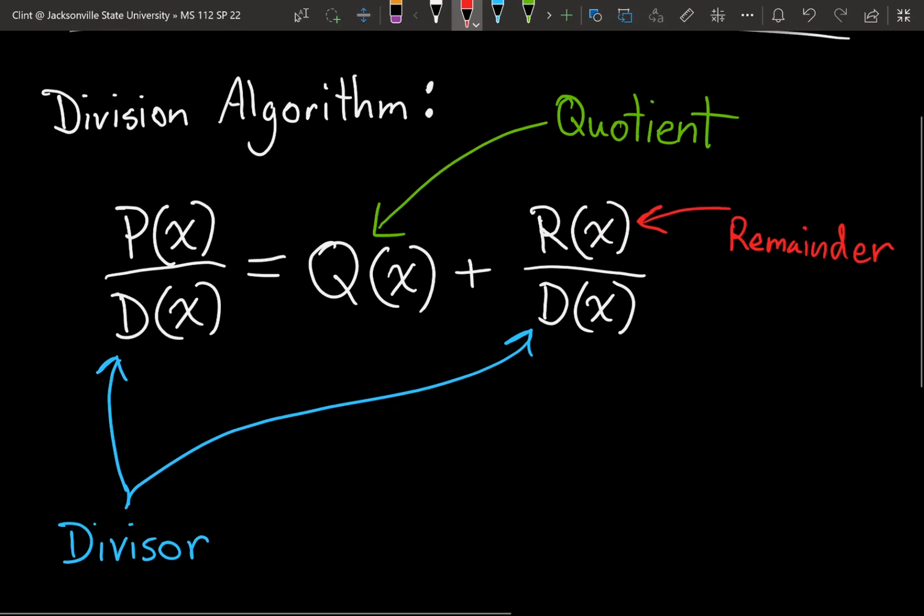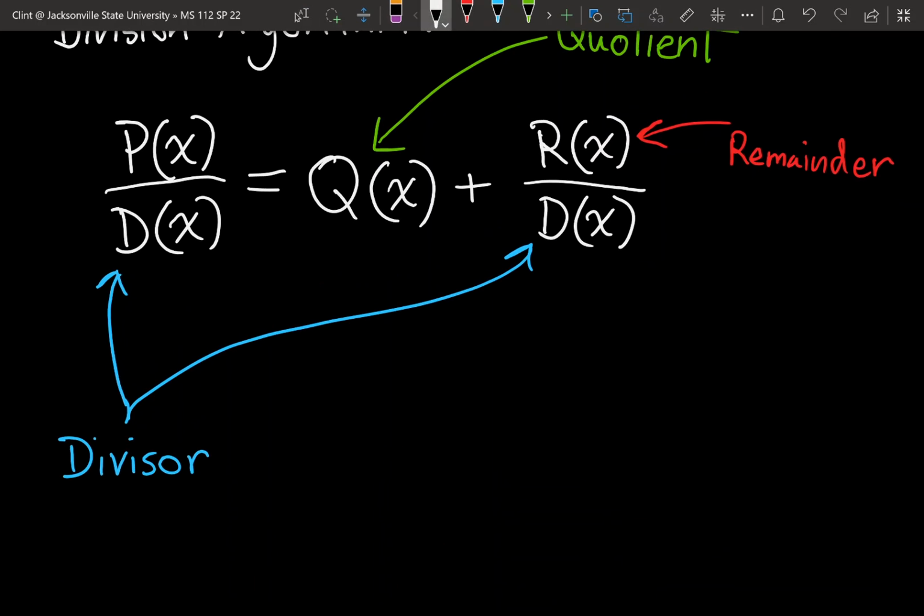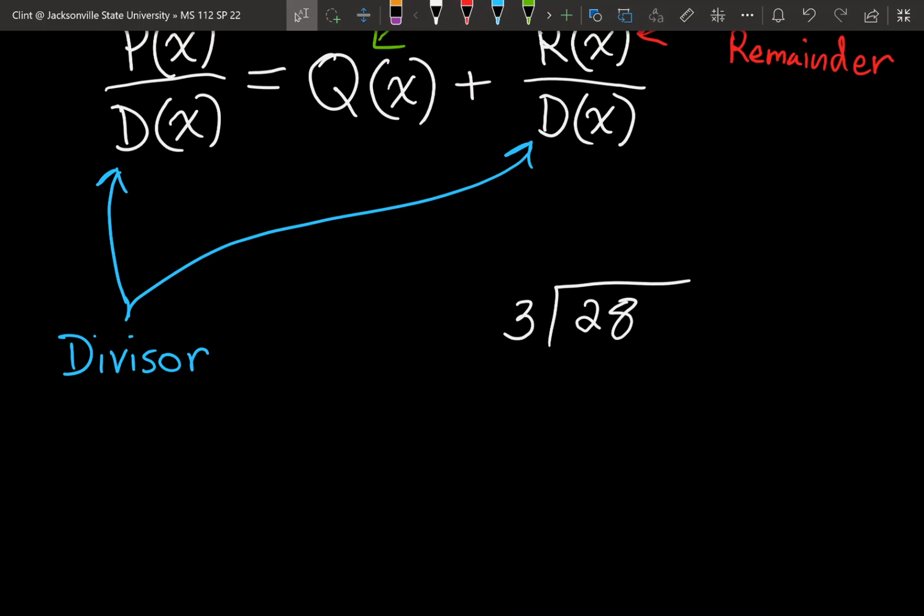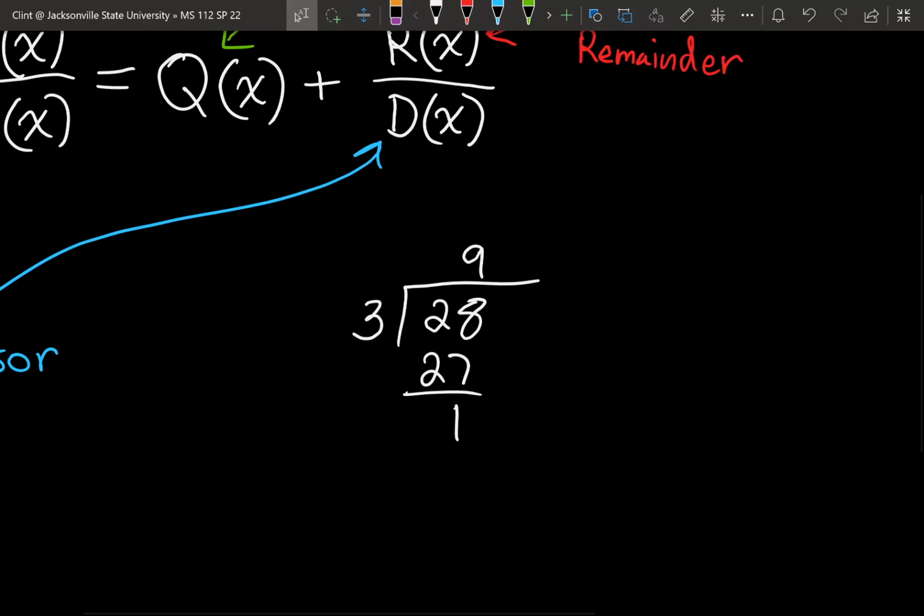Like if we were doing long division with numbers, we want to divide 3 into 28. Our divisor's 3, and if we divide that, we would have a remainder of 1. So there's 2 ways you could write that answer down.